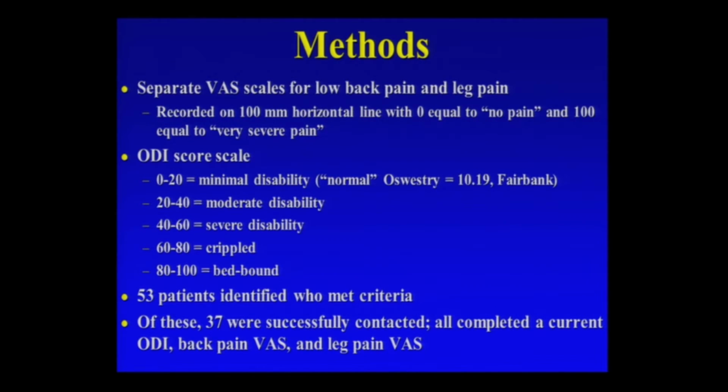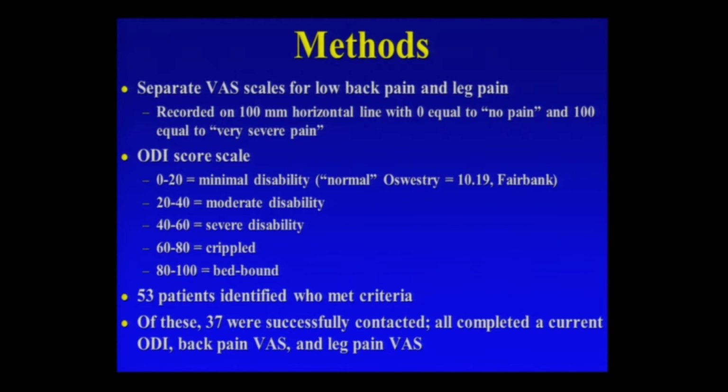So using the inclusion criteria, my research coordinator identified 53 patients who met the entry criteria, and of those we were able to contact 37. One of the weaknesses of the study is, of course, it's not 90% or plus follow-up.